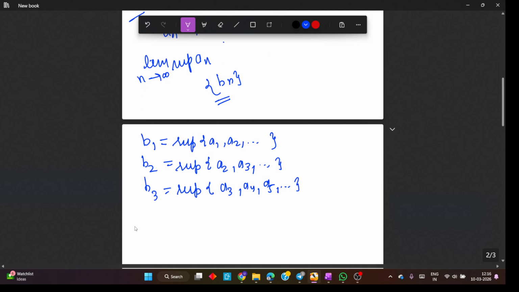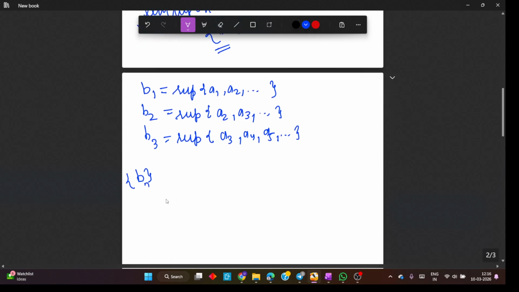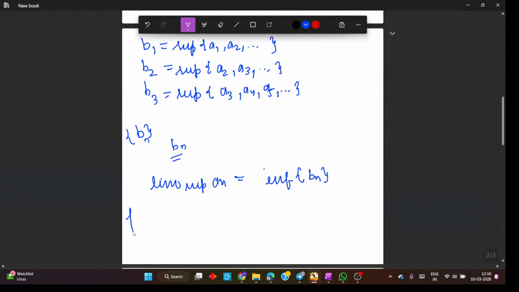In this way we form the sequence b_n. Now when we are done with the sequence b_n, we define limsup of a_n to be the infimum of the sequence b_n.